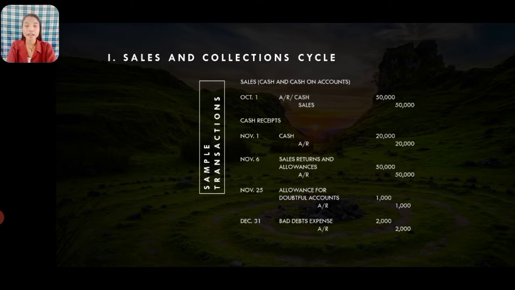If we have a write-off of an account, we will debit allowance for doubtful accounts, or AFDA, and credit accounts receivable, assuming that we are following the allowance method. And at the end of the period, we will estimate the bad debts, so we will debit bad debt expense and credit allowance for doubtful accounts. Again, here are the typical transactions or entries that we will find in the sales transaction cycle.